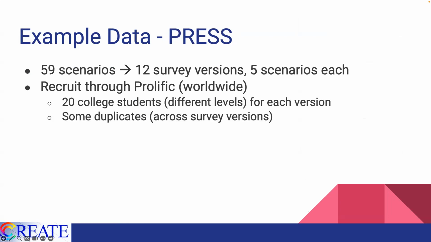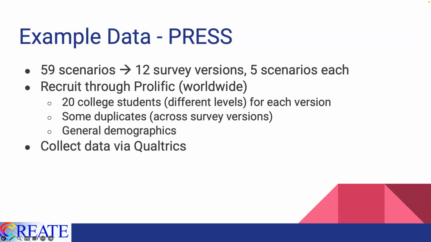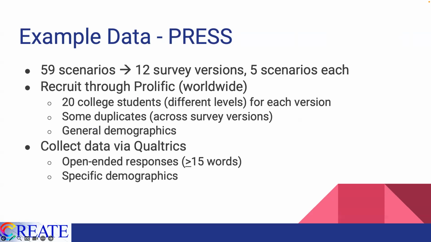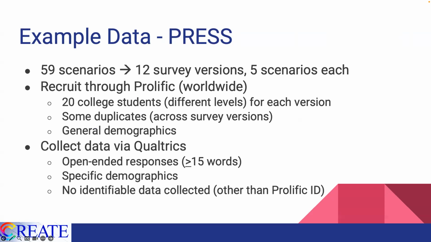There were some duplicates. Some people took different versions, which was fine. And then we got general demographics through Prolific. And then we collected the data through Qualtrics with open-ended responses, and then some specific demographics, but no identifiable data. And then we're going to do a thematic analysis.